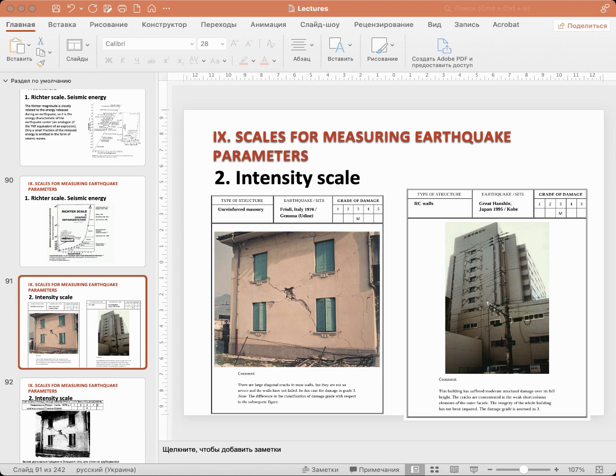I can't remember any building codes which operate with the magnitude of earthquakes. That is why this topic is very important for us.